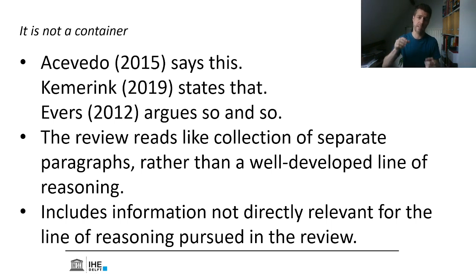So it is just a collection of references, almost reading like what we call an annotated bibliography, rather than it being about your own line of reasoning in which you make use of what others have been doing and saying and writing about.